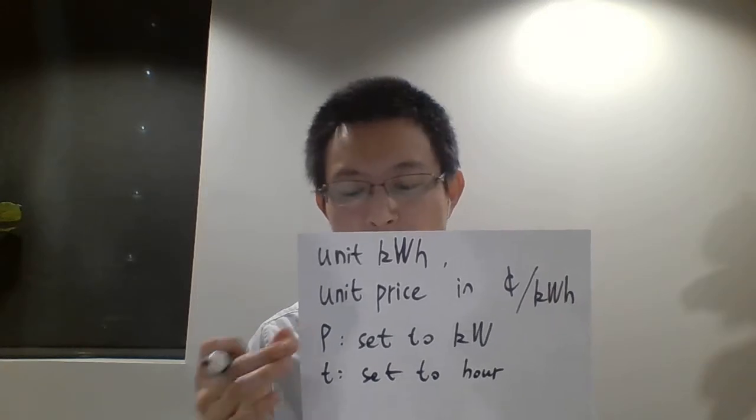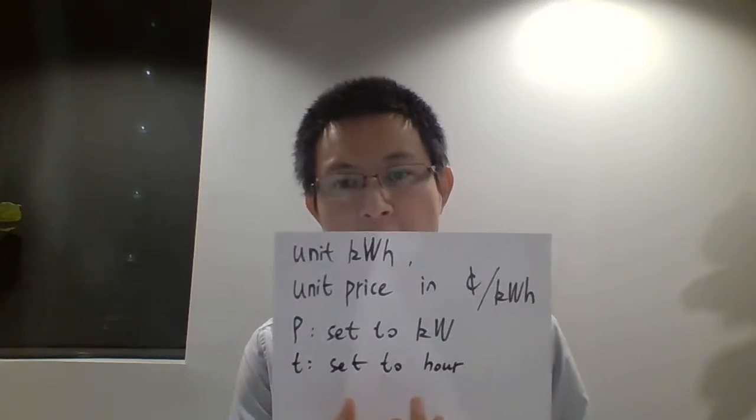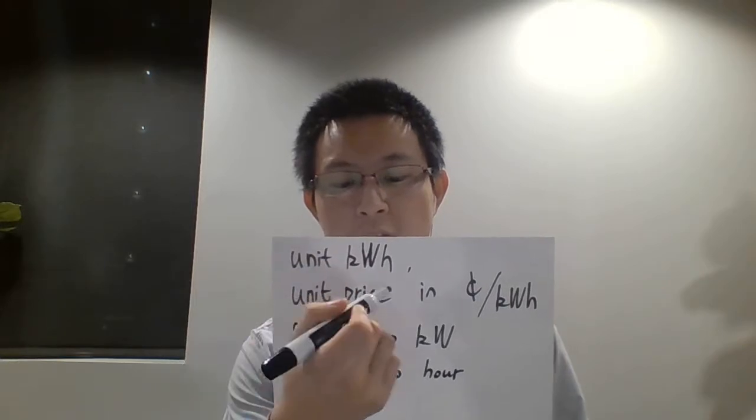First of all, let's talk about the unit kilowatt hour. That's actually setting the unit of power, P, to kilowatt, and time, T, to hour. When P is in kilowatts and T is in hours, that's how we get the unit kilowatt hour.